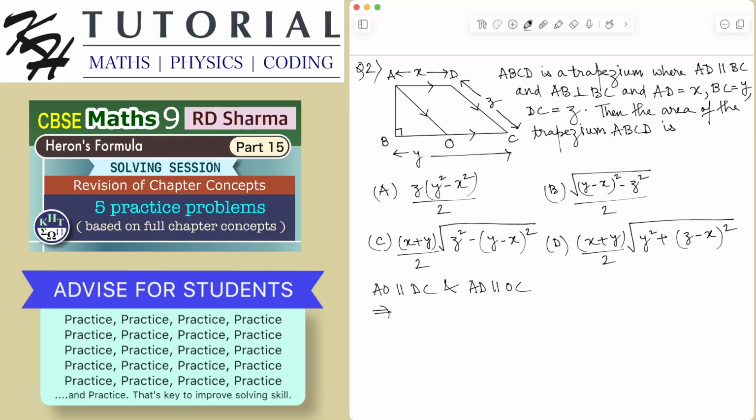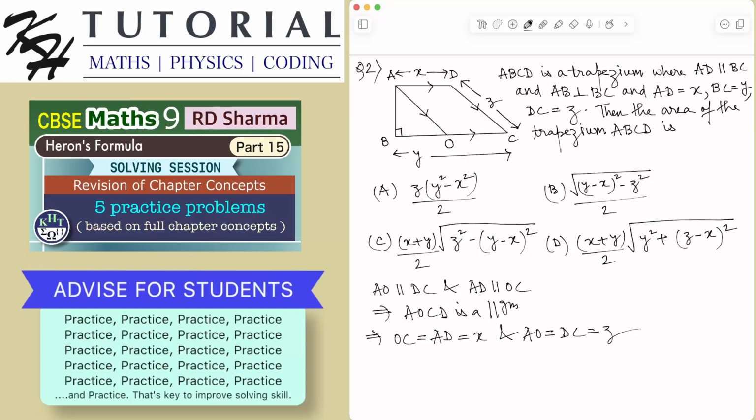This implies that AOCD is a parallelogram. So OC will be equal to AD, which is equal to X, and AO is equal to DC, which is equal to Z.